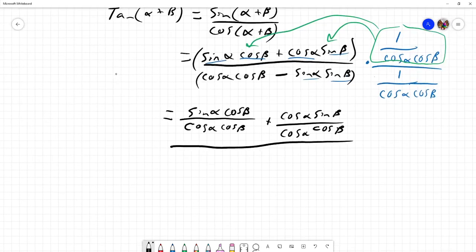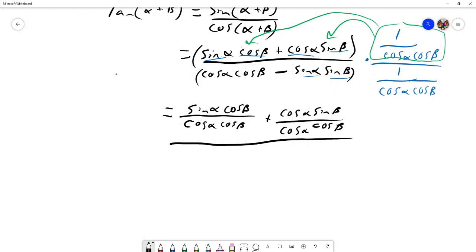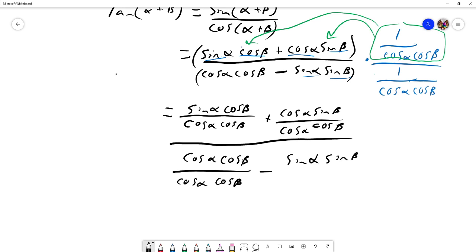Now we're going to do the distributions on the denominator. So we get cosine alpha cosine beta divided by cosine alpha cosine beta, and minus sine alpha sine beta divided by cosine alpha cosine beta.